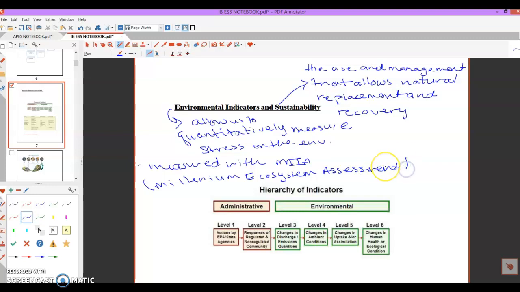I don't know why it's called MIA, because Millennium Ecosystem Assessment is not the same letters, but that's just what it's called. Okay? And what the MIA does is it assesses the impact of humans on the environment.